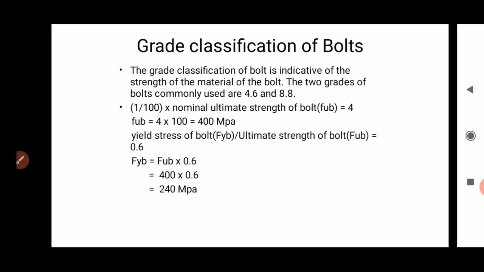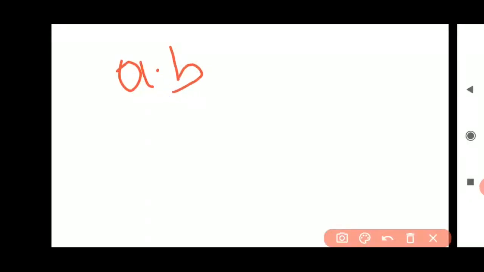The two grades of bolts commonly used are 4.6 and 8.8. What do we mean by 4.6 and 8.8? The property class or the grade of bolt is generally in the form of A dot B.